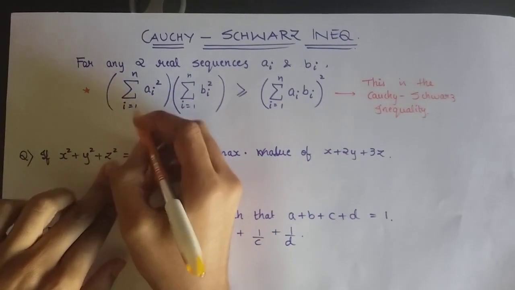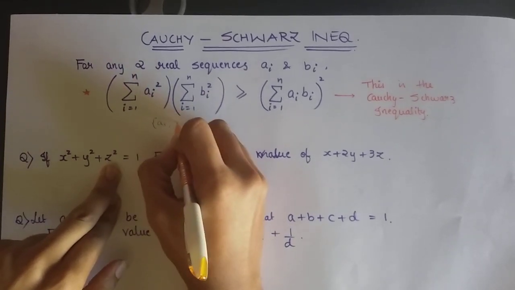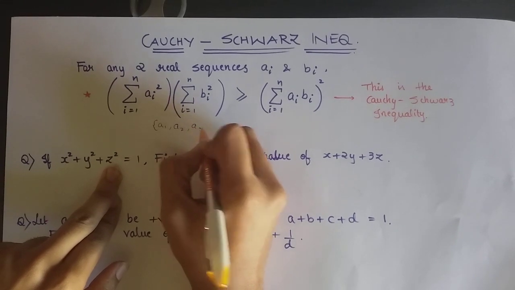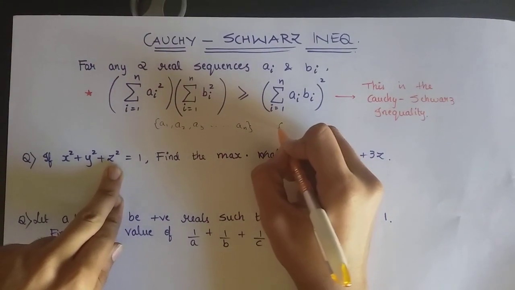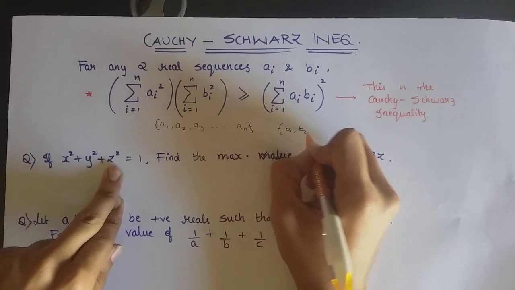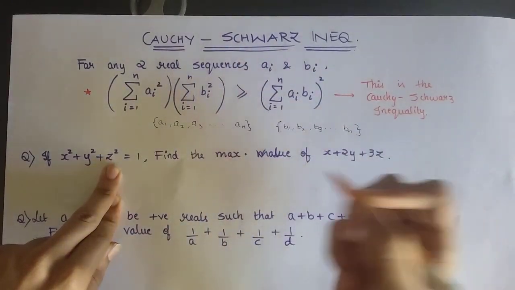I'll consider two sequences now. Let's say the first sequence is A1, A2, A3 and so on till An. And I'll take another sequence, B1, B2, B3 and so on till Bn. These are my two sequences, right?